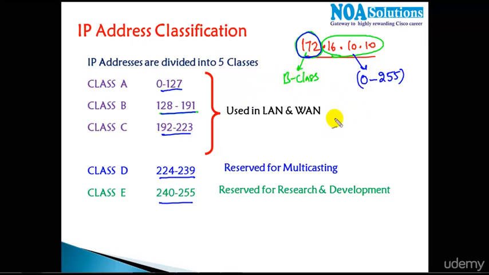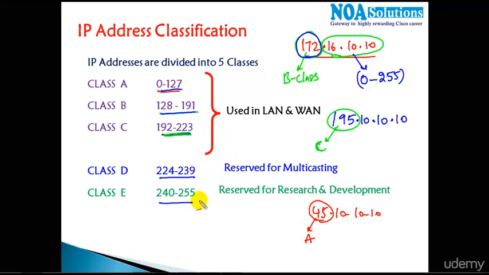Similarly, let me take one more example: 195.10.10.10. Which class does this address belong to? 195 is between 192 and 223, so it's a C class address. Some more examples: 45.10.10.10 is an A class address because 45 is in the range of 0 to 127.